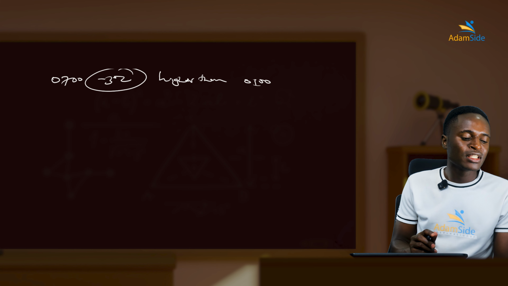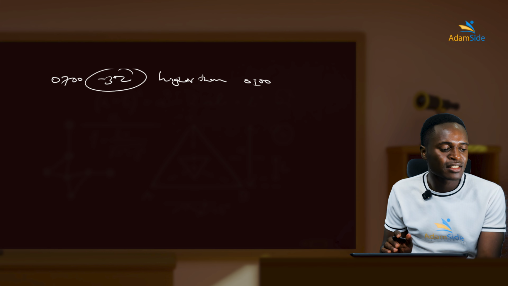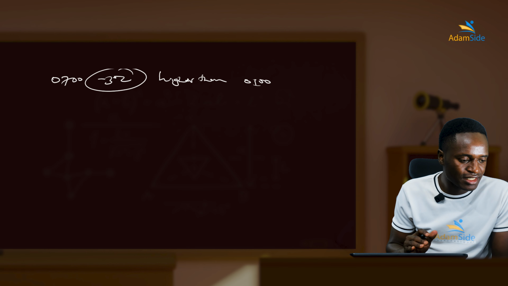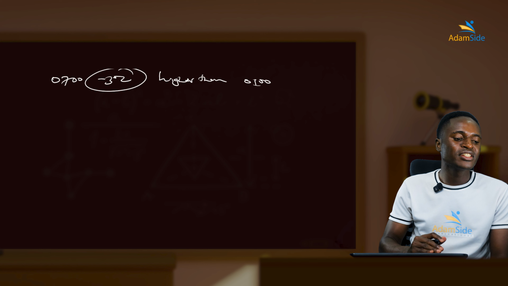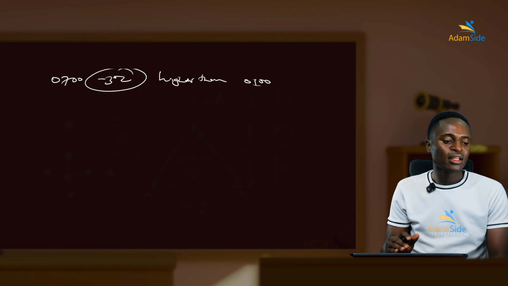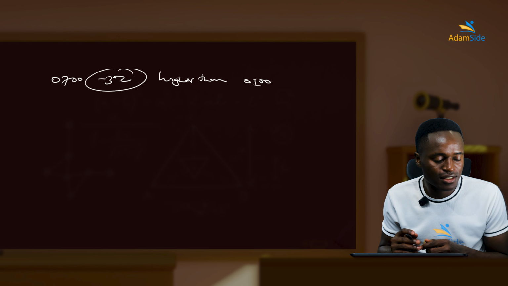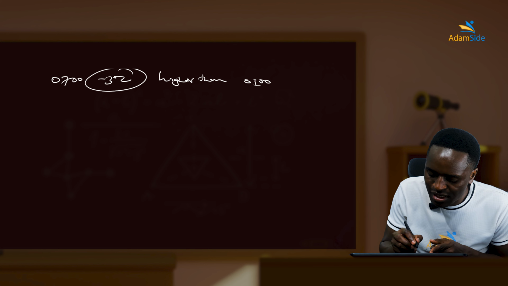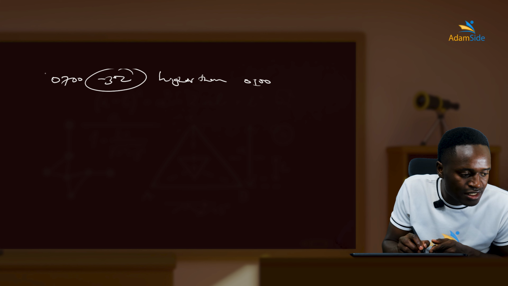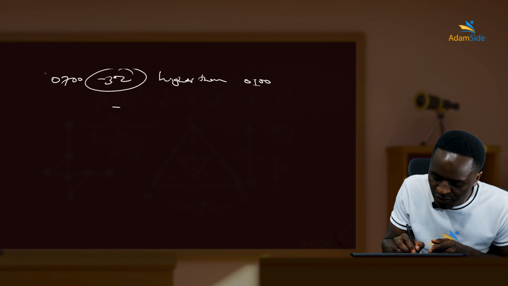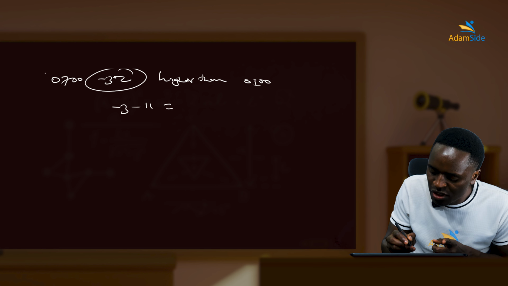So what comes to our mind? The temperature at 7 was negative 3 degrees Celsius. And then they say this temperature is 11 degrees higher than the temperature at 1 in the midnight. So what do you understand in that case? If this temperature was 11 degrees higher, that means the other temperature was negative 3 minus 11. It means it was lower.